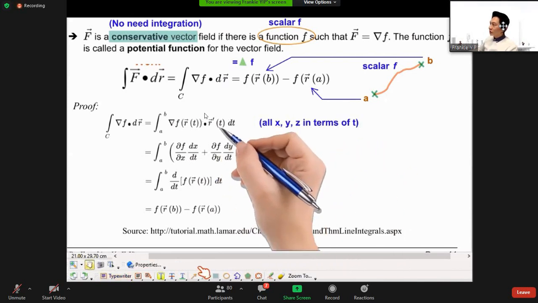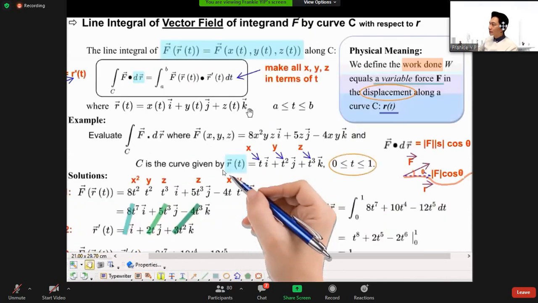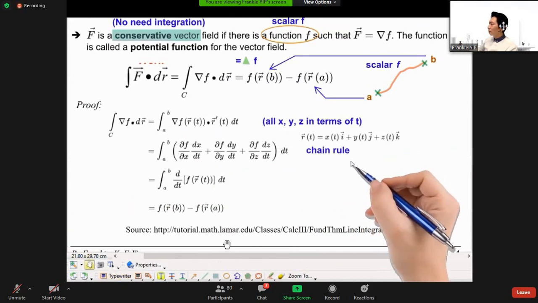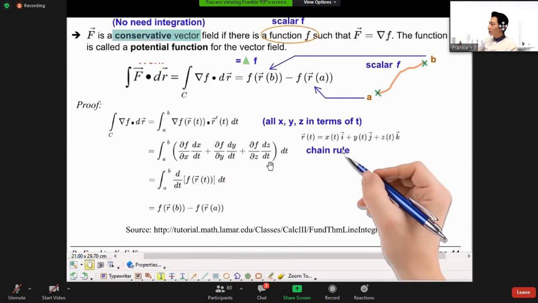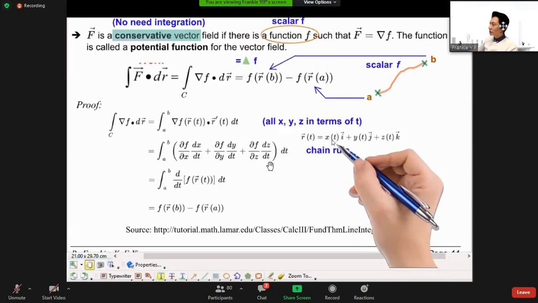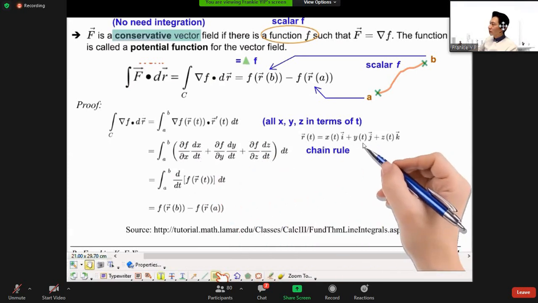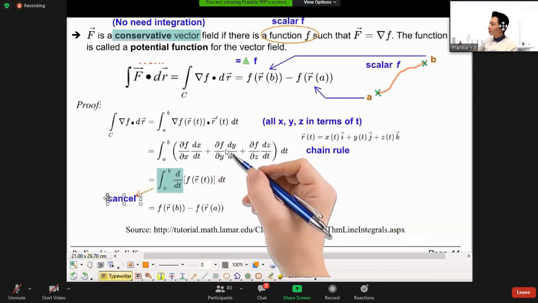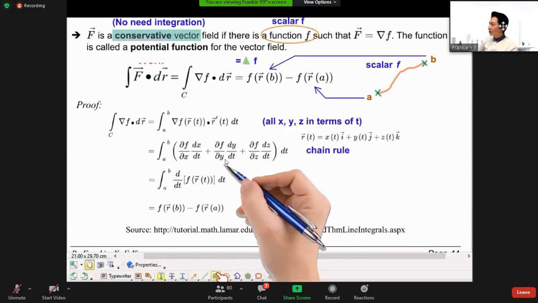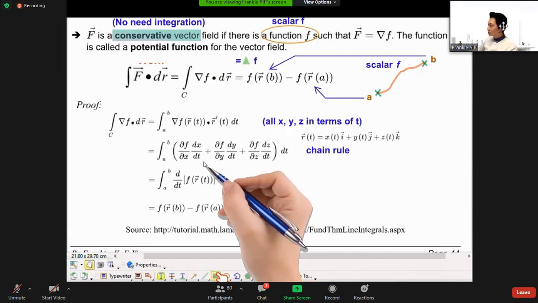And then what I would like to do is to perform the dot product. So by using the chain rule, r dash t equals dx/dt over here, dy/dt over here, and dz/dt over here. And then next thing is that del F is del F/del x, del F/del y, del F/del z. Got it?